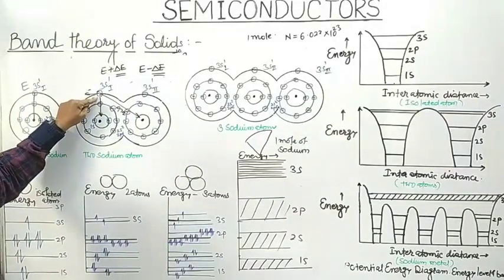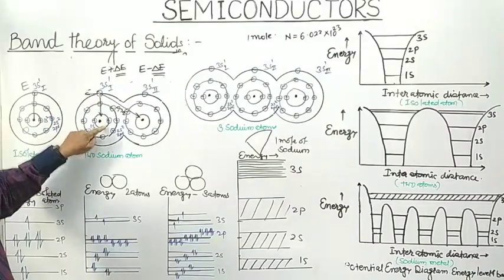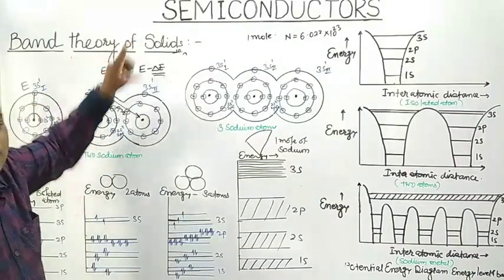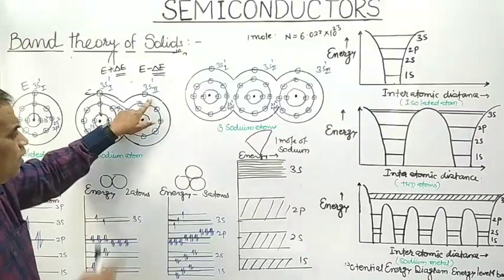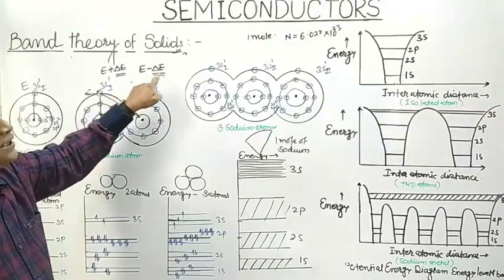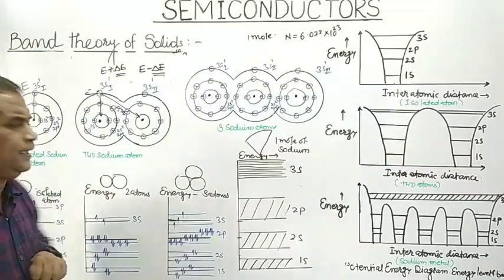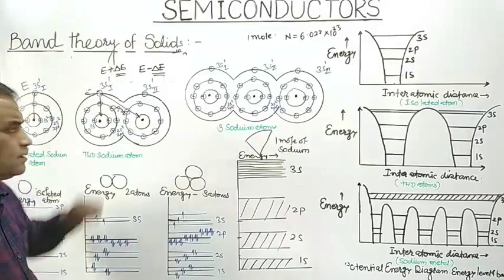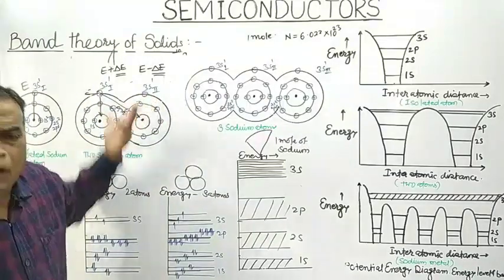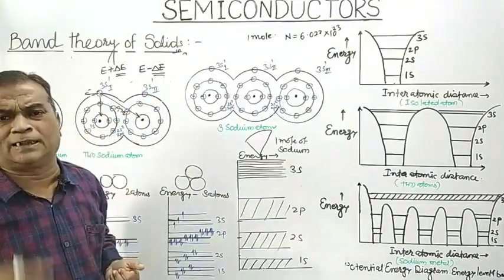Means the energy of the 3s electron from the first atom now becomes E plus delta E, and the energy of the 3s electron of the second atom now becomes E minus delta E. Means the electrons in the 3s orbit now have different energy levels.